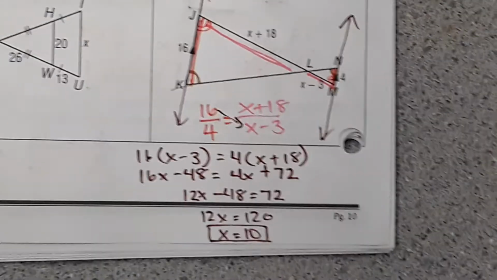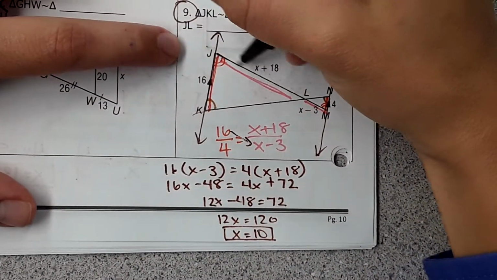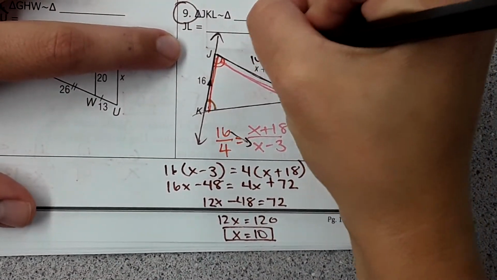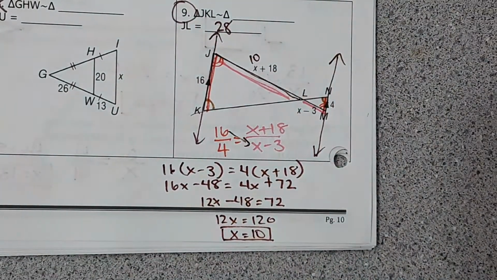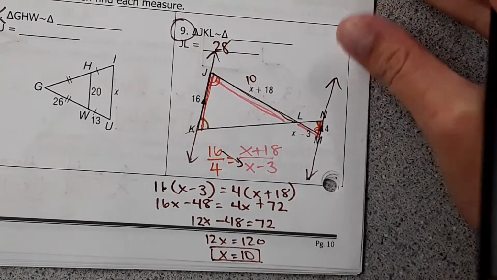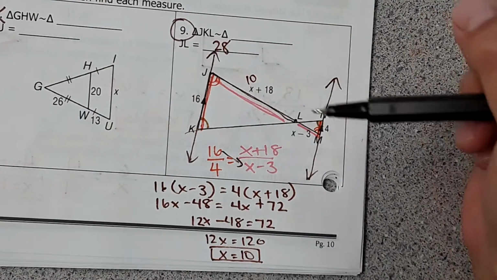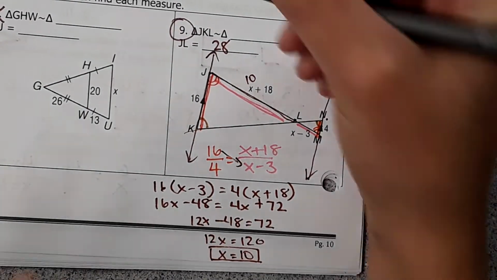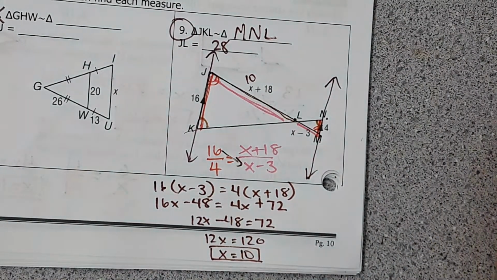The question asks for the length of JL right here. So if you were to plug in 10 for x, 10 plus 18 is 28. So the answer is 28. And then as far as naming the triangle, we have JKL. MNL would be the congruent triangle. Or similar triangle, sorry.